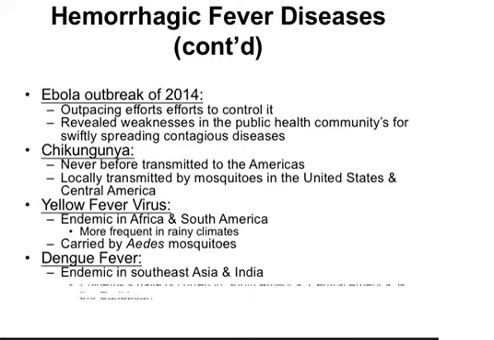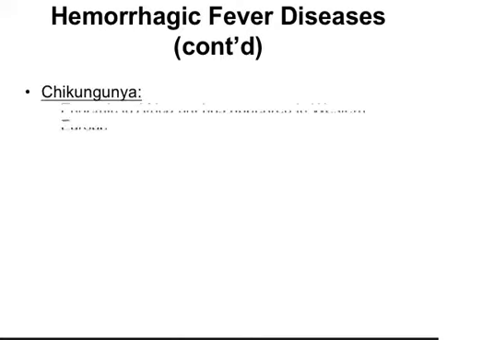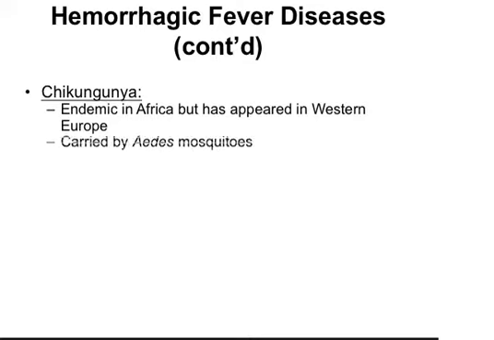Dengue fever is endemic to Southeast Asia and the Indian continent. Epidemics have occurred in South America, Central America, and the Caribbean, and is carried again by Aedes aegypti mosquitoes. Chikungunya is endemic to Africa but has appeared in Western Europe, carried again by Aedes aegypti mosquitoes.